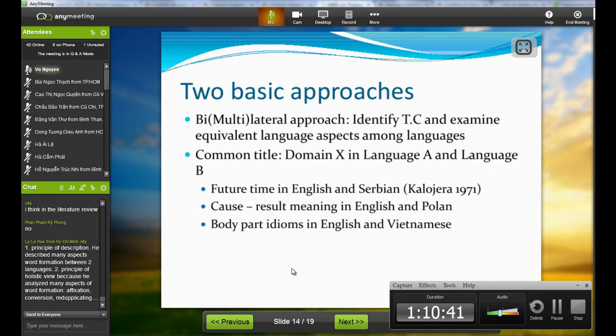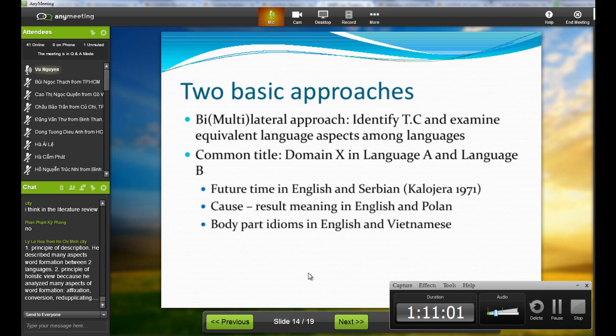Alright, now let's finish by looking at the two different basic approaches to contrastive analysis. The first approach is called the bilateral approach or multilateral approach.